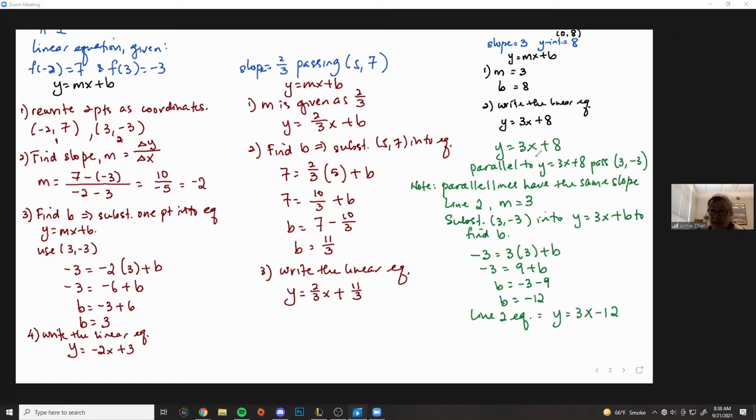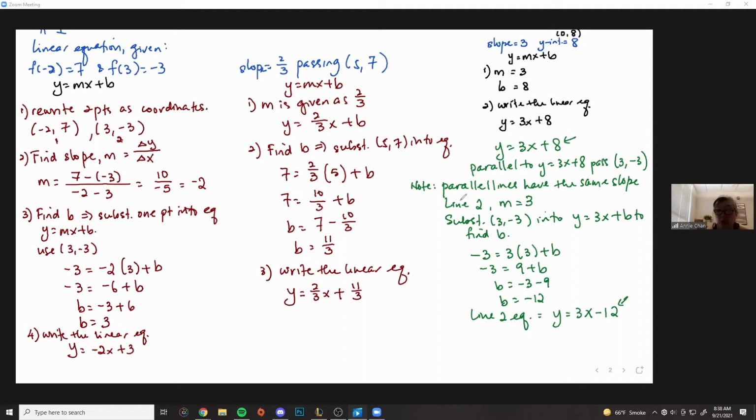These two lines, this line and this line, are parallel. And you can tell that just by looking at it, right? Because of the 3x.